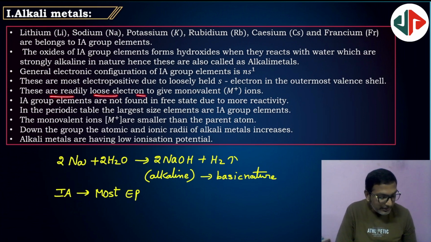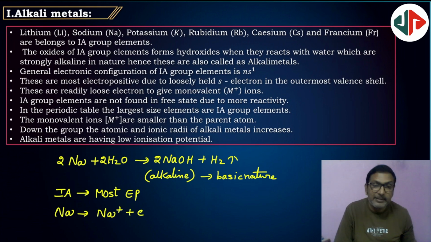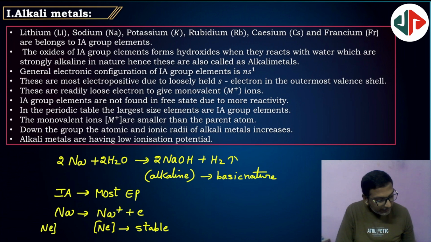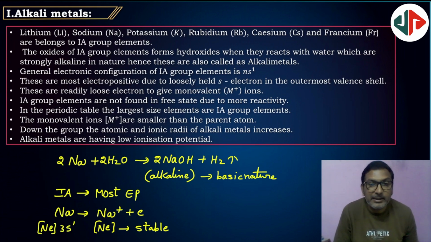Next. These readily lose one electron to give M plus ions. That means simply Na gives Na plus with release of one electron. So Na plus will have neon configuration, a noble gas configuration, which is highly stable, while Na is neon 3s1.